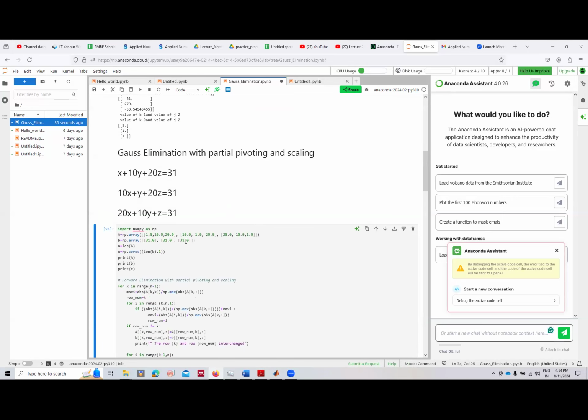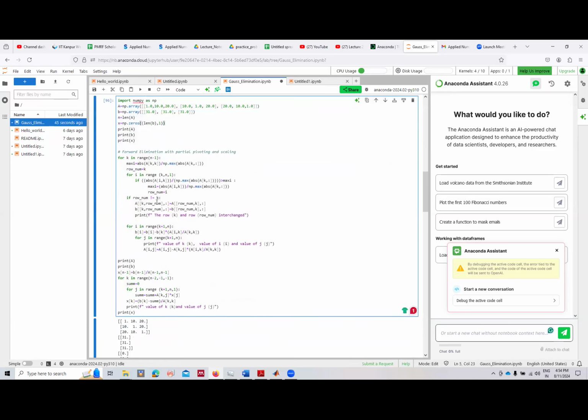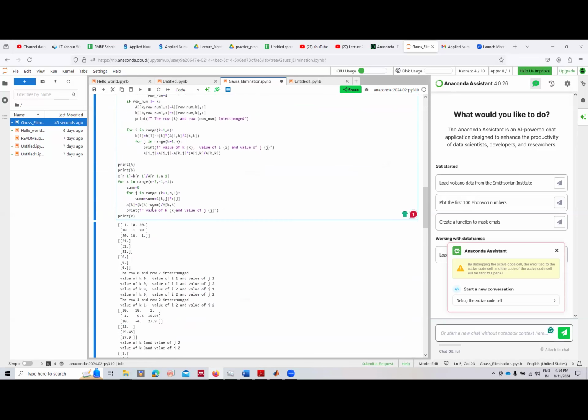If I want to solve this equation, first I define a, b, and x. The backward substitution will be the same.